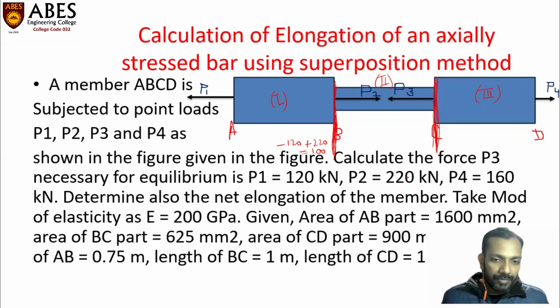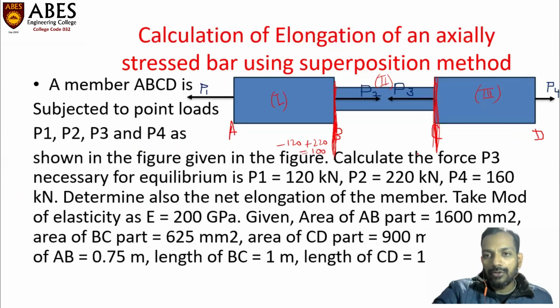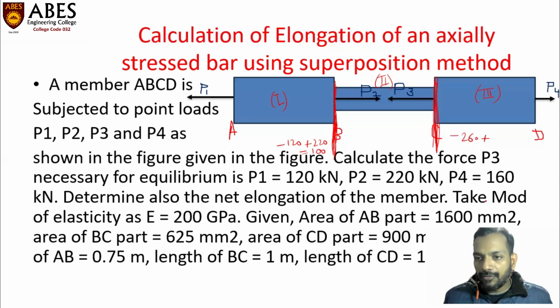So what is the value of P3? We already calculated that P3 is equal to 260 kilonewtons acting to the left. So let's calculate the value. Minus 260 plus P4. What is the value of P4? It is 160.